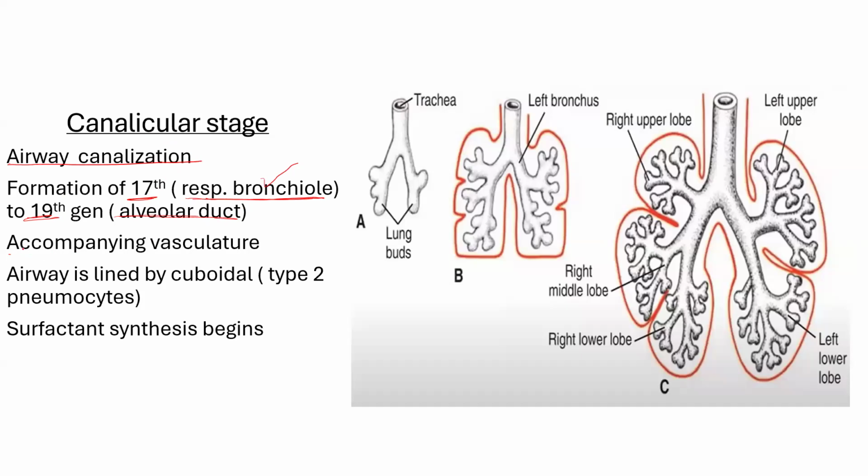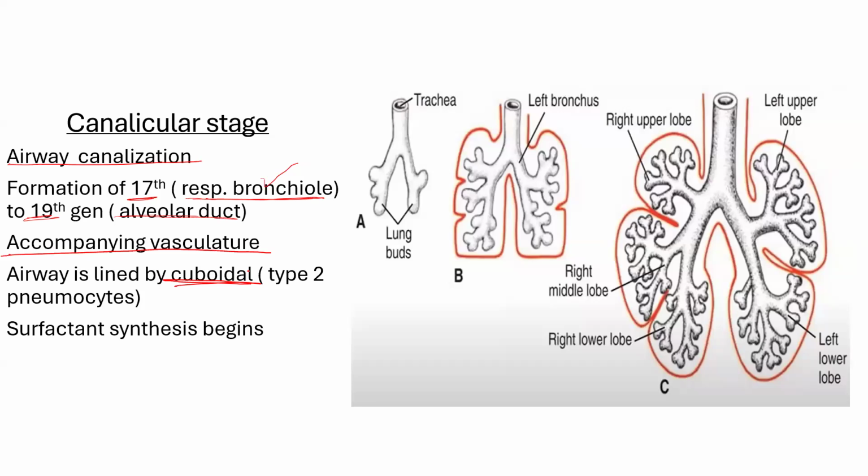So this is now a common thing, okay? But important to note is that the airway in the canalicular stage is lined by cuboidal epithelial cells. Remember, if you have done the histology of the lung, you must have been told the alveoli contain 3 types of cells. We have type 1 pneumocytes, type 2 pneumocytes, and type 3 pneumocytes.